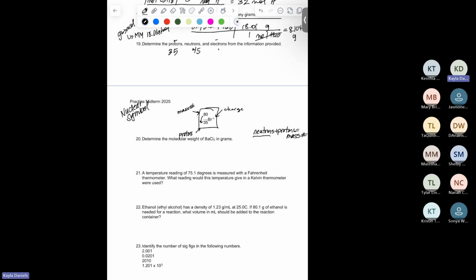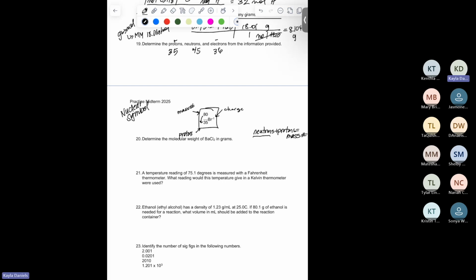We can think of this a couple different ways. The first way is, since it's minus, it must have more electrons than it does protons. So if it has one more electron than it does protons, 36. You only want to think that way after you've solidified the protons, or else you might accidentally subtract from the protons, and we don't want to do that because protons are what makes it Br.